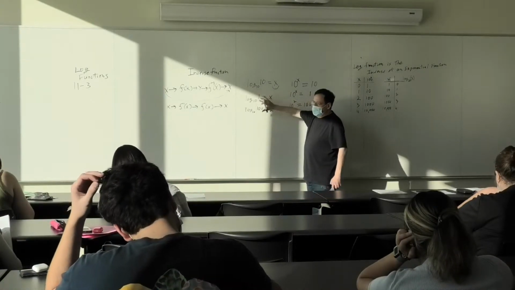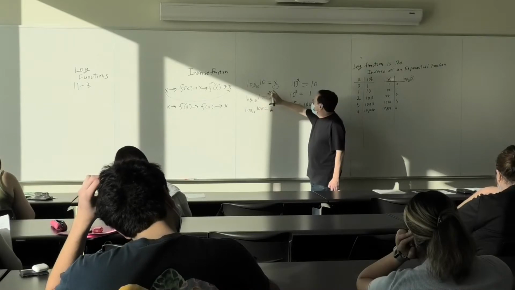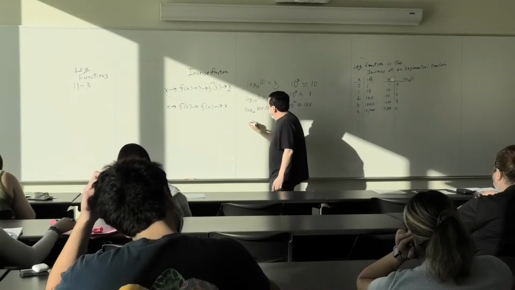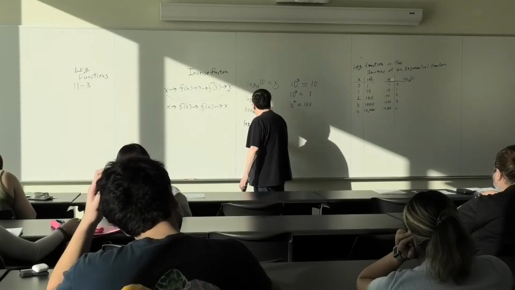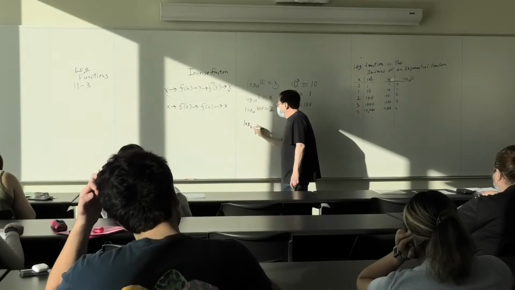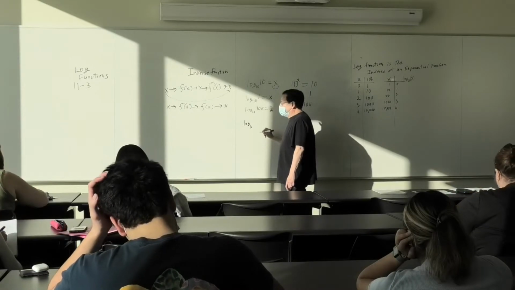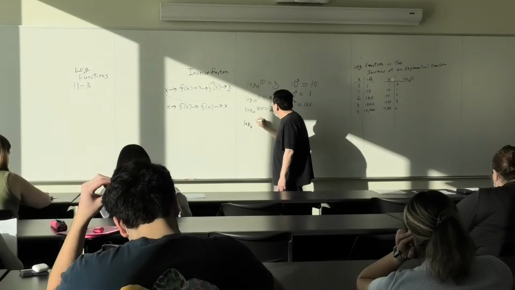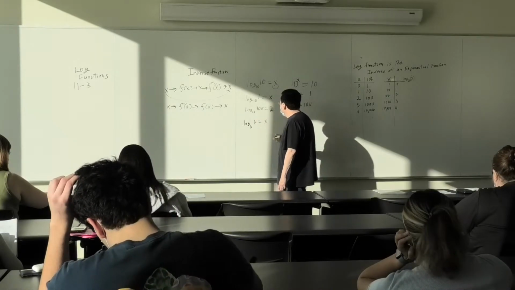So whenever you see this and it's confusing, it's always good to think it through, right? Log to the base b, we're going to use b when we don't put a number there to mean base, of n, I'm going to call this x.